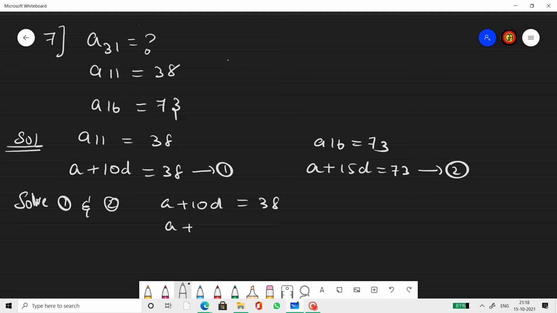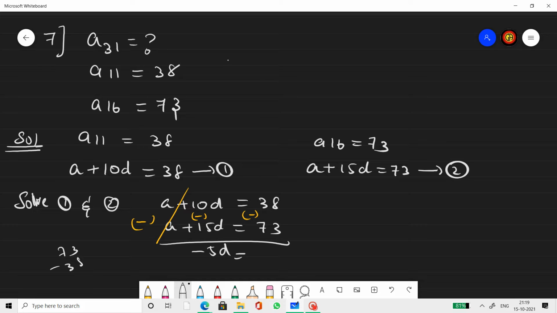A plus 15D equals 73. Elimination, therefore I'm subtracting the equations. All the signs will change. So A will get cancelled. 10D minus 15D is minus 5D. And 73 minus 38, 13 minus 8, which is 5.